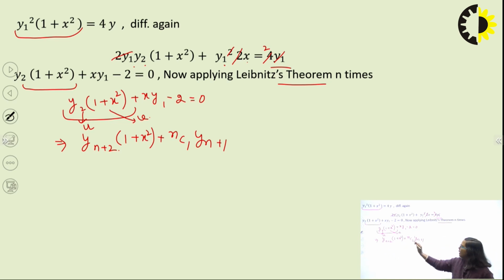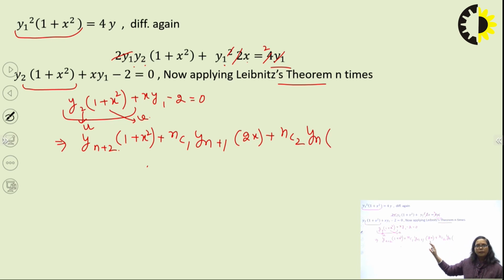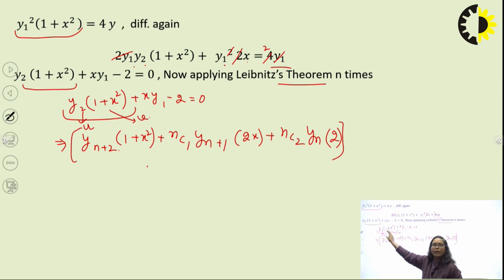What next? Into the first derivative of 1 plus x square. The first derivative of 1 plus x square is 2x, plus the next one is nC2. The next lower to yn plus 1 is yn, into the next higher derivative of 2x. One more order derivative of 2x is 2, and the next derivative of 2 is 0. This is the Leibniz theorem for only the first pair of values.